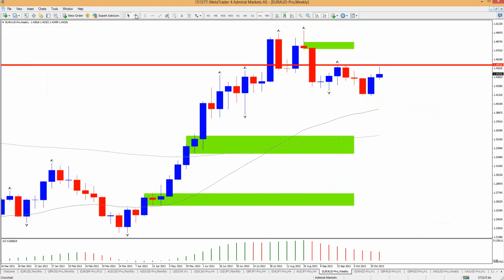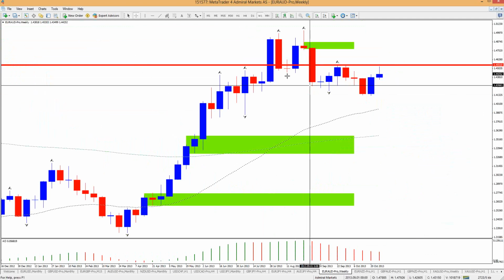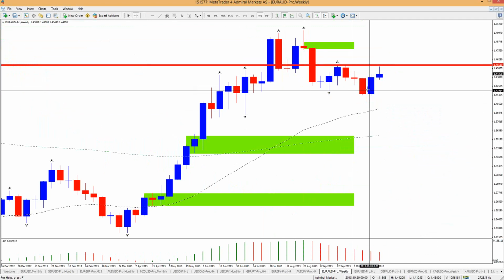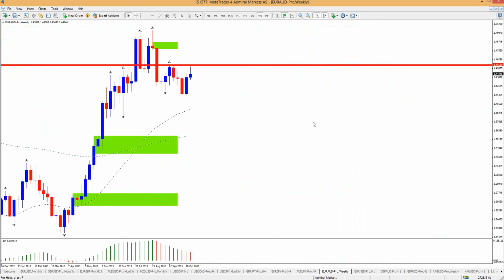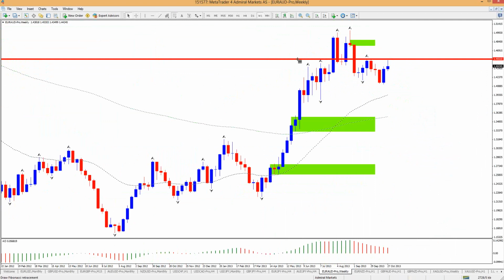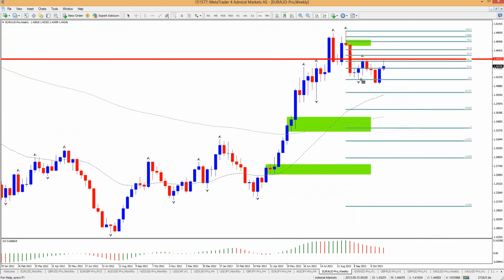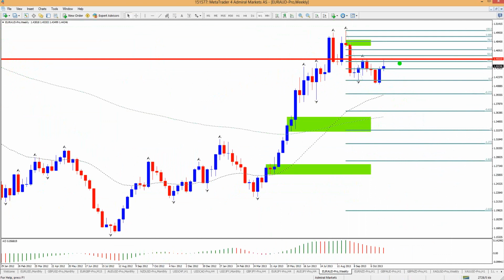But the weekly, I would say, shows that a bigger retracement is possible because we're stalling here. The downside is, I think, a bigger correction is definitely in the cards for this Euro odd.